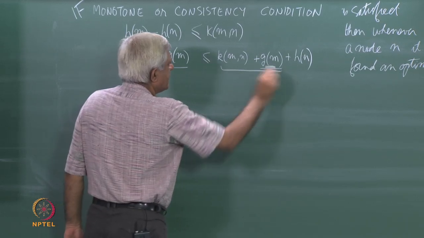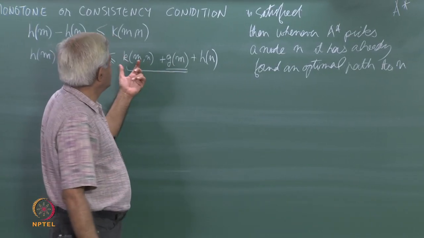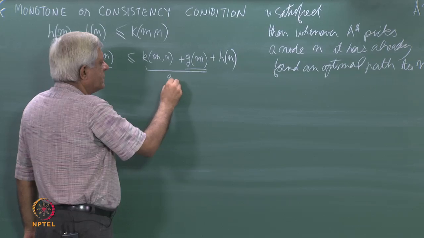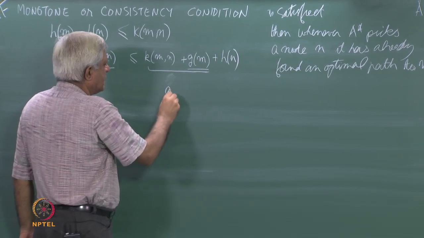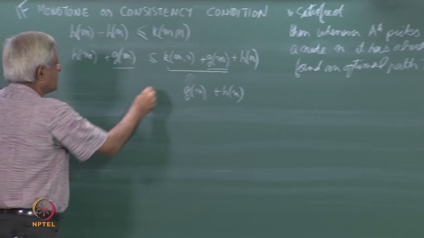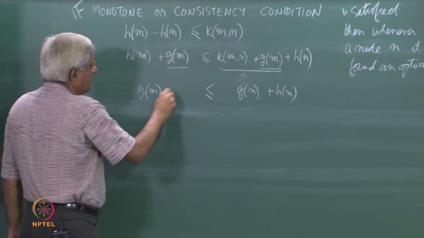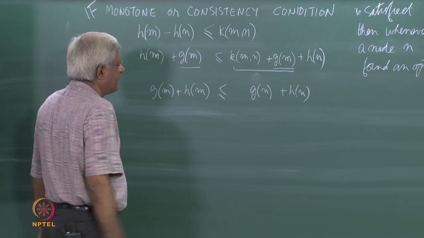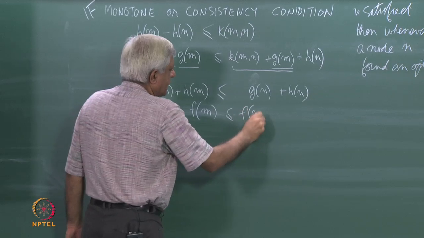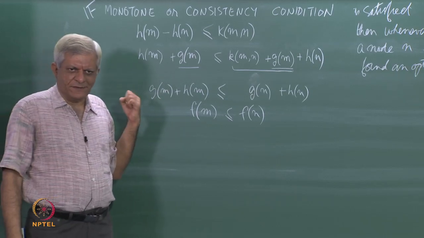If you look at the figure, g of m plus k of m n equals g of n. So, let me just rewrite this in this order, or in other words f of m is less than or equal to f of n. That is the first observation we make.